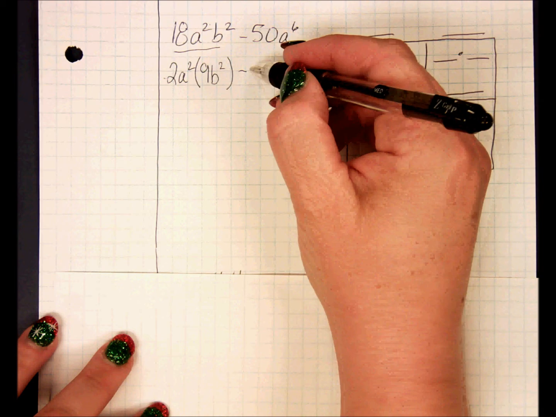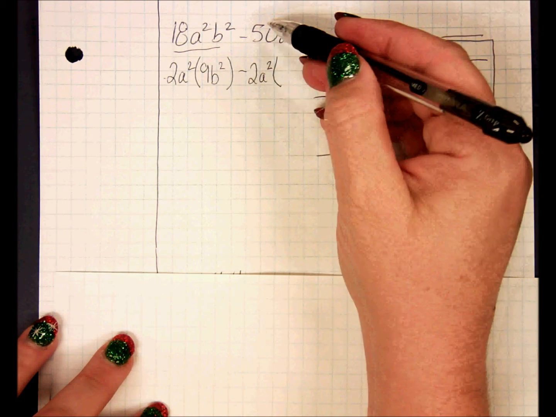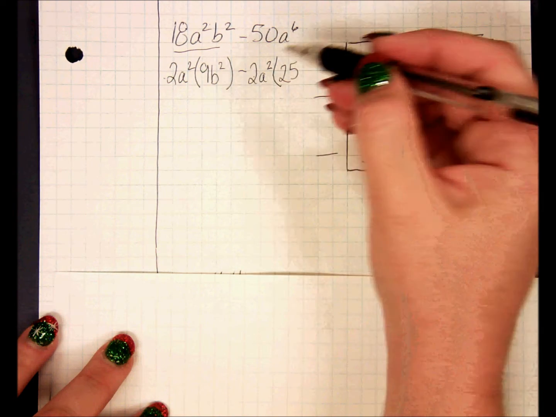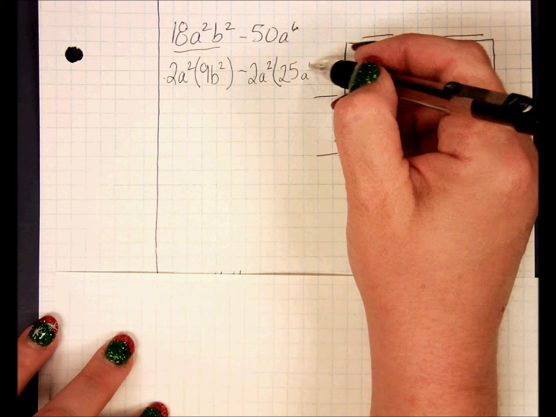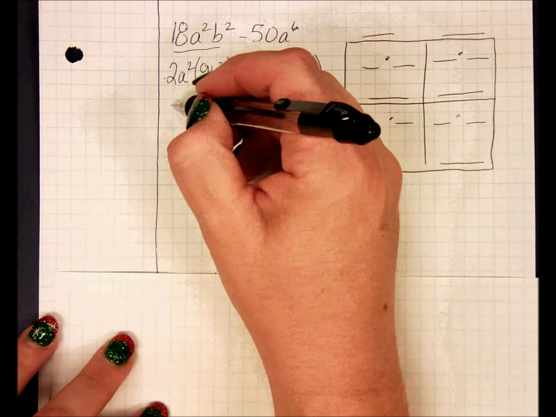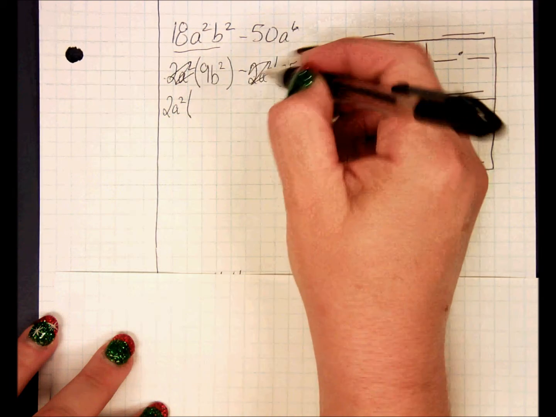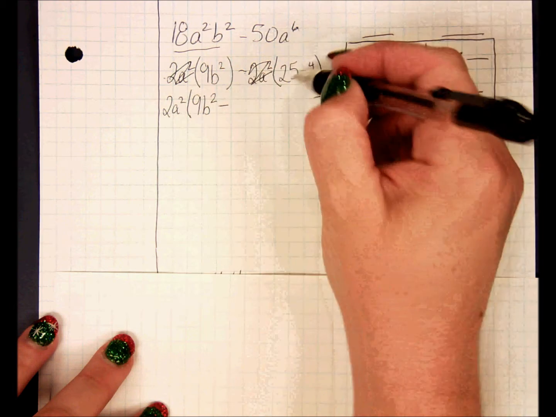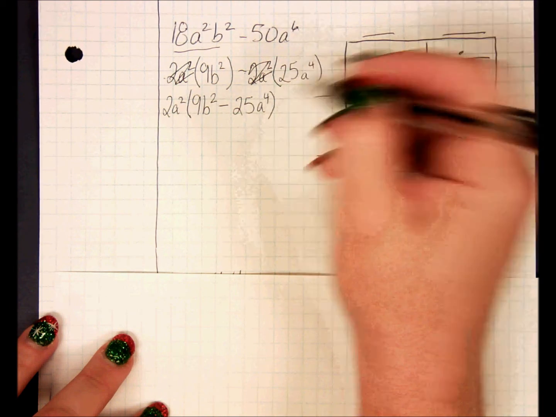Here, I need 50. 2 times 25 would give me 50. I need 6 A's and I have 2, so A to the 4th. Now I'm going to take that 2A squared out and set it aside, and I'm left with 9B squared minus 25A to the 4th.